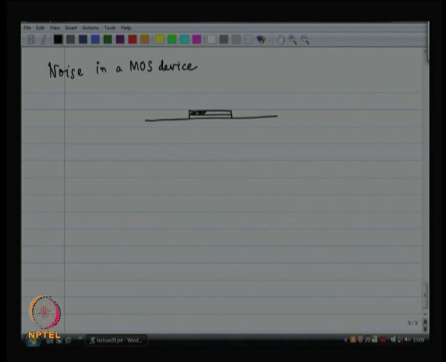So, first you make the gate oxide, then the poly on top of the gate oxide, then you implant the drain and the source. Okay. So, this is your MOSFET. Now, what can cause noise in a MOSFET?